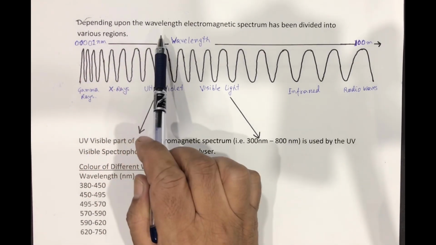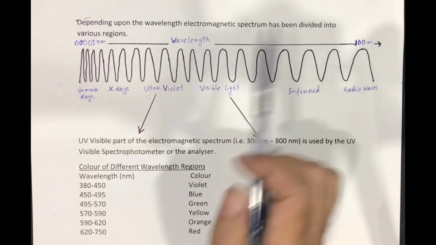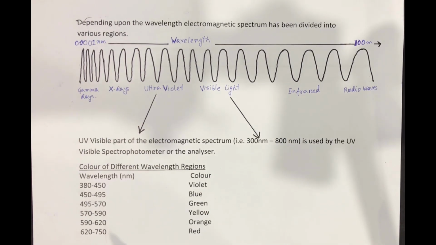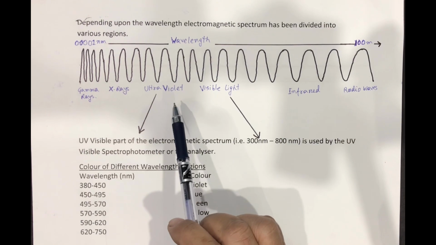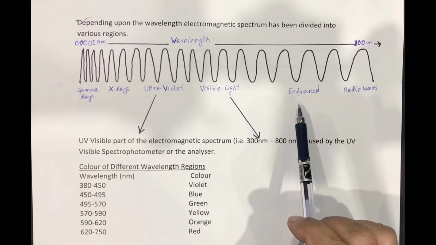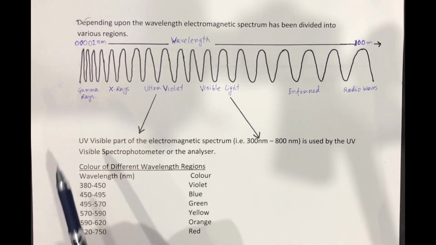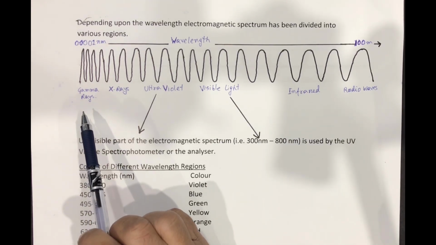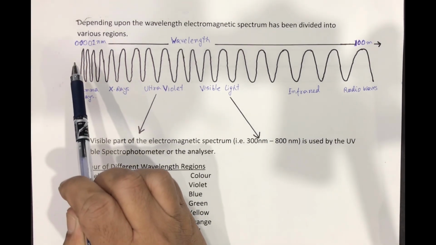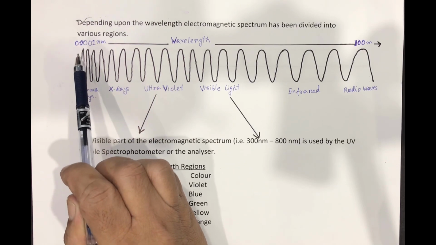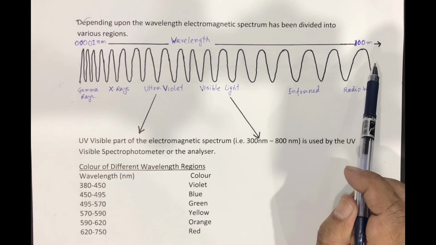Depending upon the wavelength, the electromagnetic spectrum has been divided into various regions: gamma rays, X-rays, ultraviolet, visible light, infrared, and radio waves. As we move from gamma rays to radio waves, wavelength increases from 0.0001 nanometer to 100 meter.